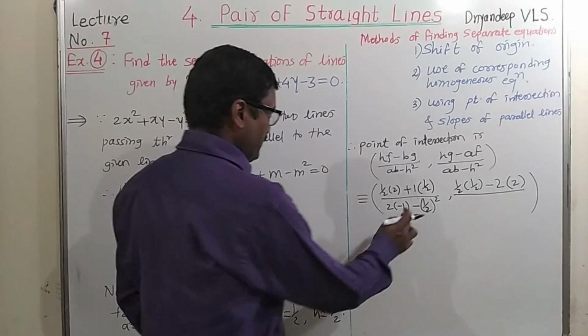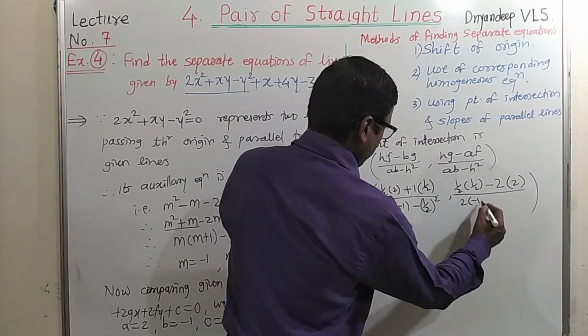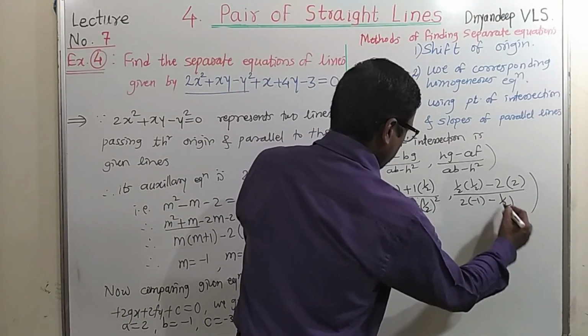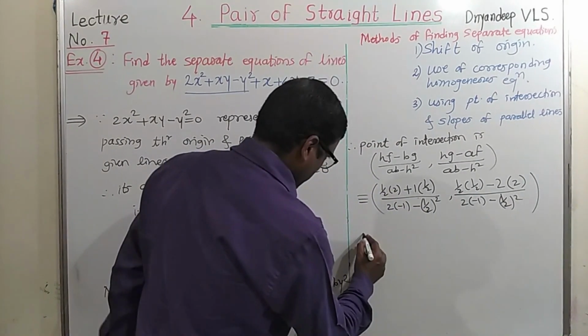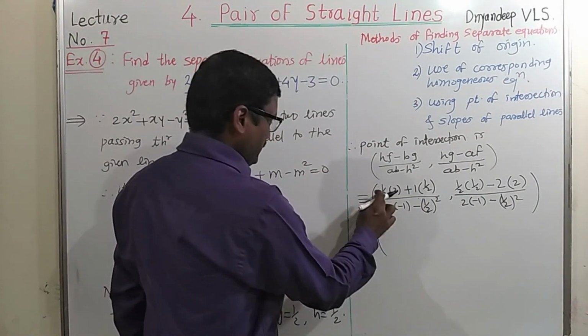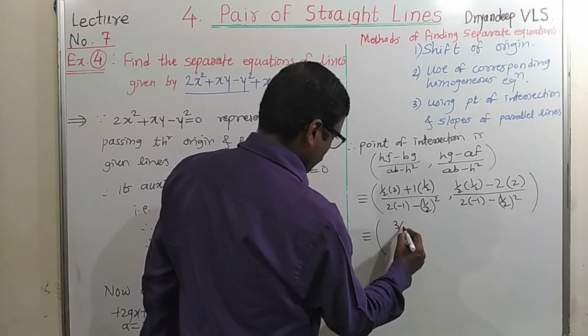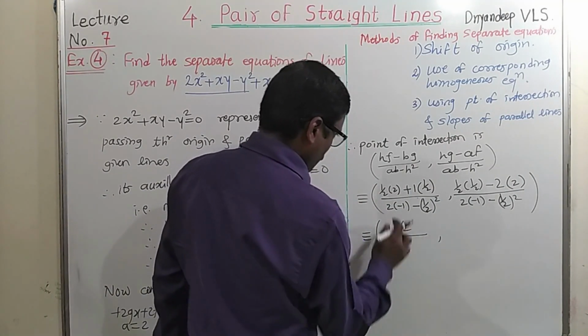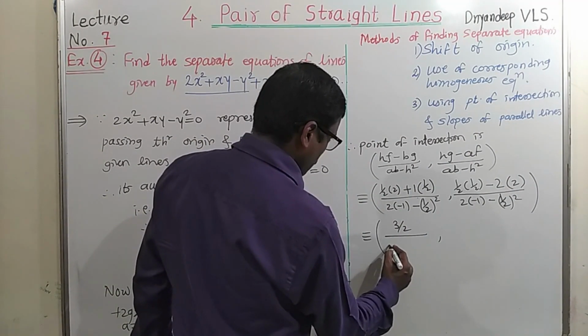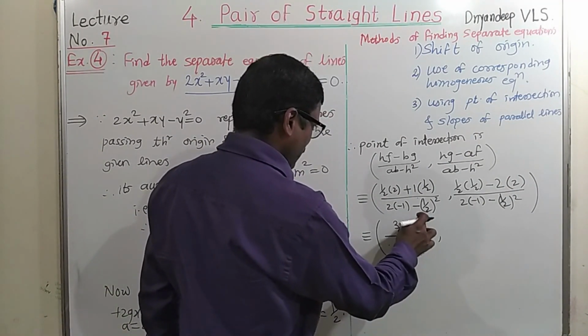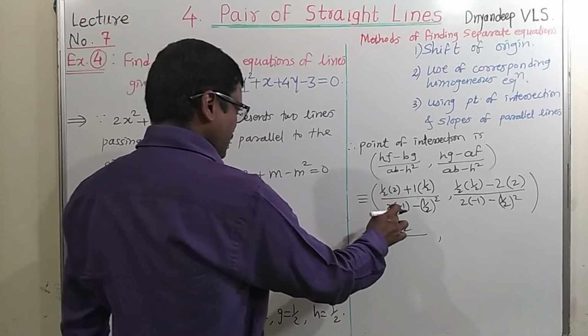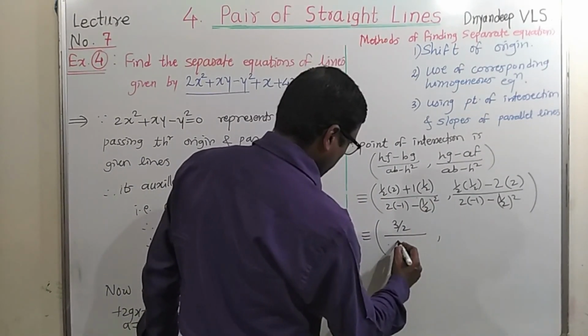So divided by AB minus S square, that is 2 into minus 1 minus half square. So this is 1 and this half, that is 3/2, upon this is minus 2 minus 1/4, that is minus 8 minus 1, that is minus 9/4.